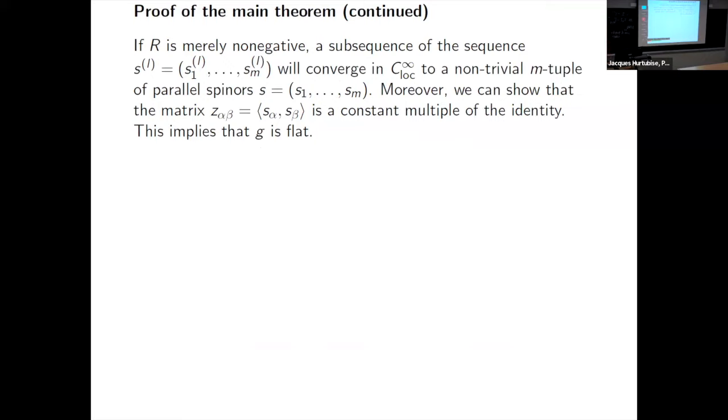So then up to some factor, you get an orthonormal basis of parallel spinors, and then that implies flatness, and you can also conclude that the faces are totally geodesic, which finishes the proof.